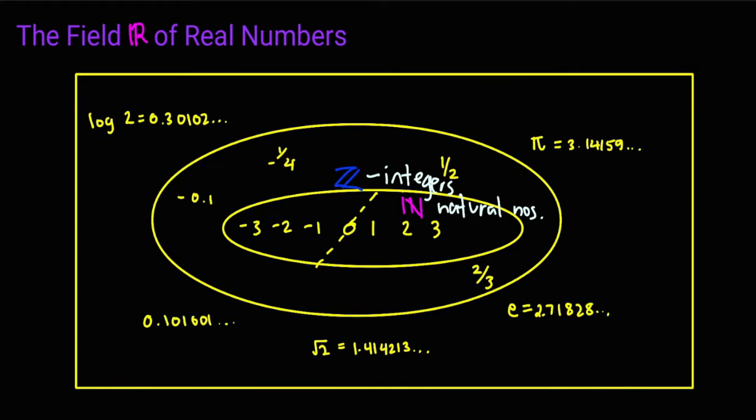But for rational numbers, when the decimal is non-terminating, it's always the case that the digits are repeating. For instance, the rational number 2/3 in decimal is represented by 0.666 and so on. So the digit 6 repeats indefinitely. All these numbers we call the set of rational numbers, and we denote this set by the blackboard letter Q.